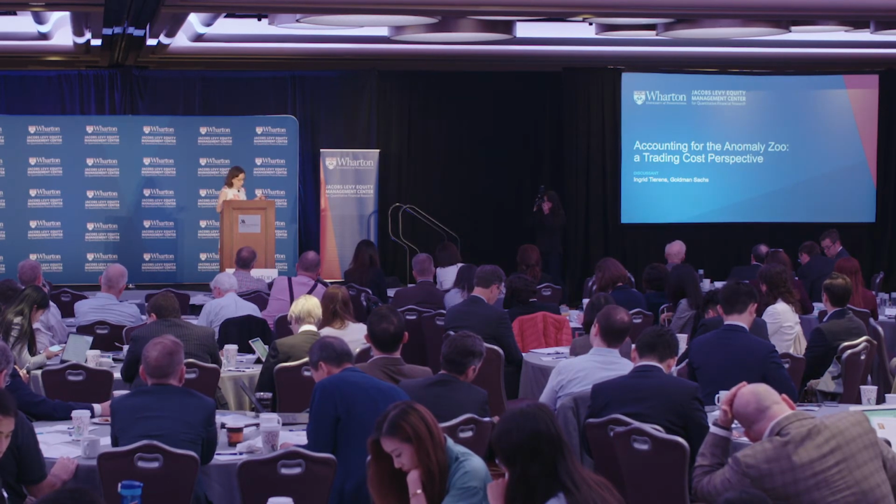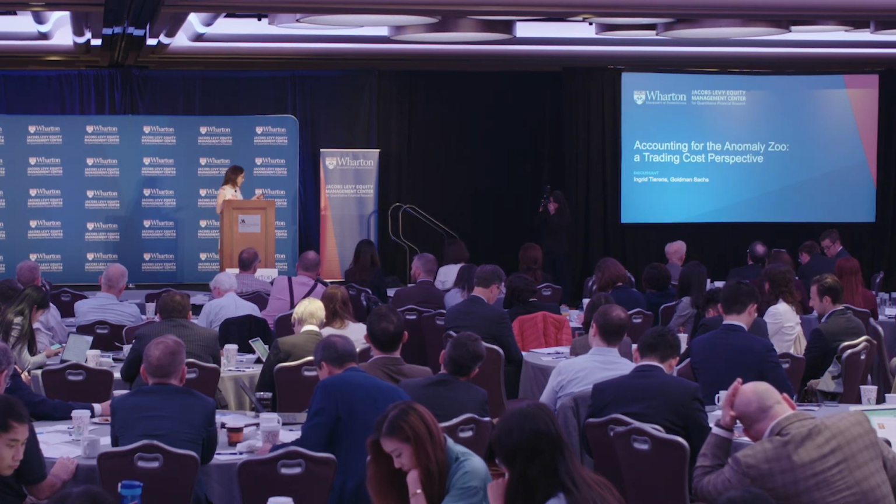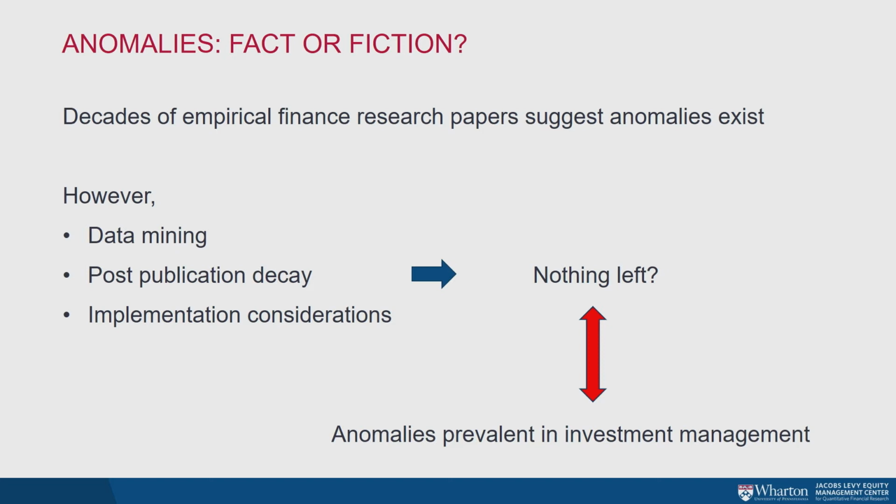So to summarize what this paper is all about, this is all in the context jointly with the earlier paper, Are Anomalies Fact or Fiction? We have decades of empirical finance research suggesting there are anomalies, they are persistent, they do exist.